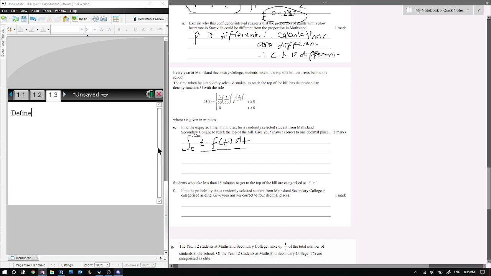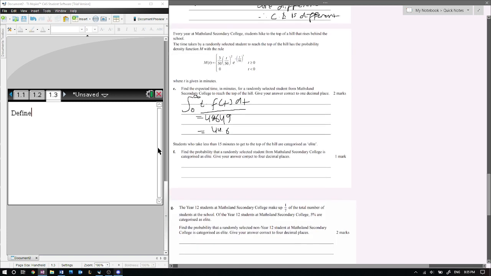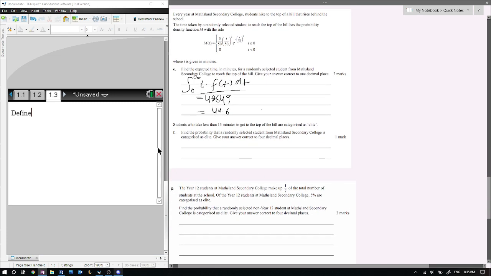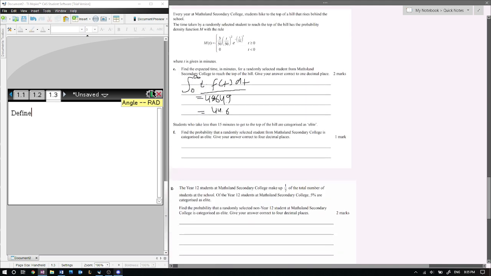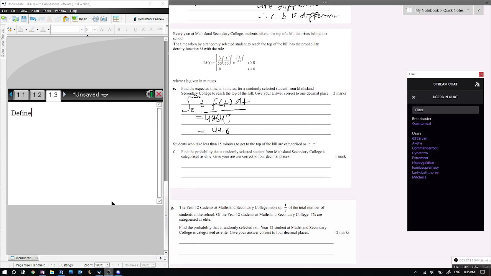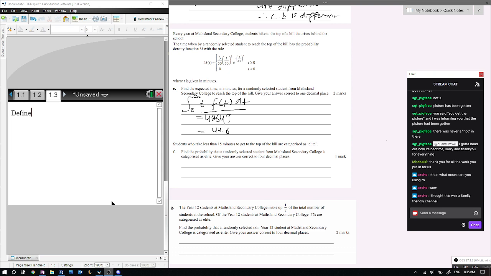And the answer is 44.649, and to 1 decimal place, 44.6. So that's the answer for the expected value. There's not much to it. All you have to be able to do is just know the formula for the expected value.